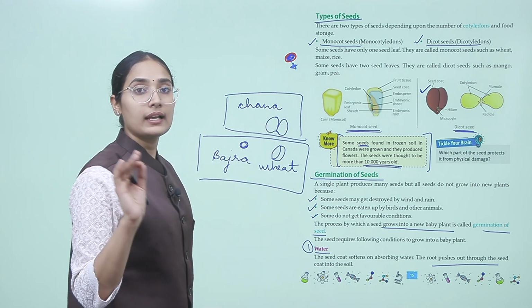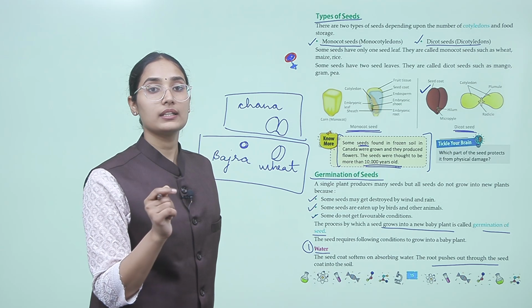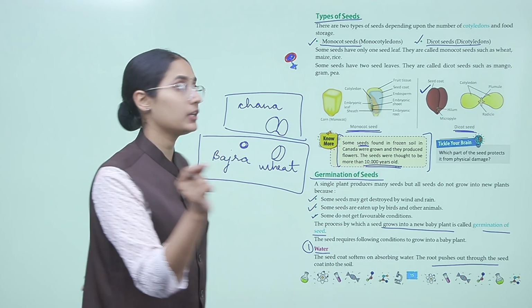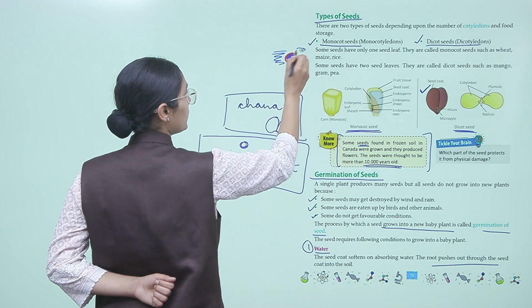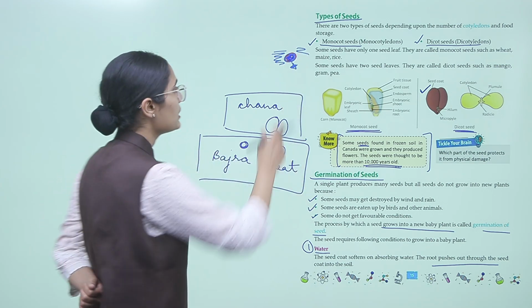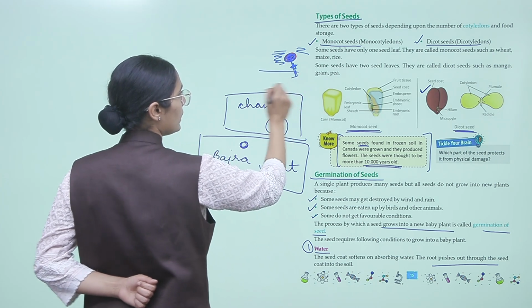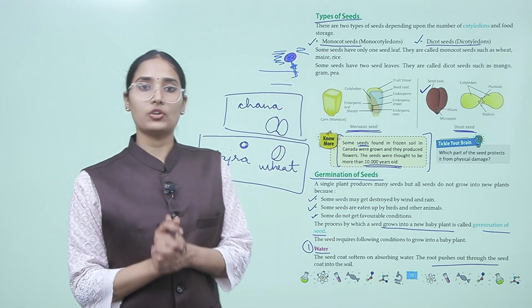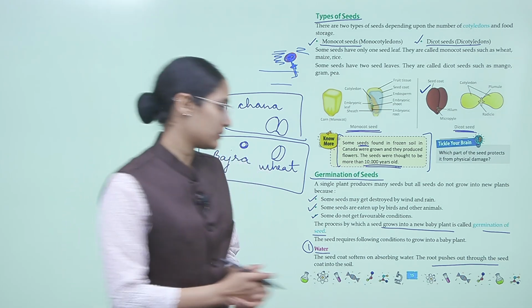That's where the purpose of water comes into play. As soon as the water is absorbed by the seed coat, the seed coat gets softened and breaks, and the seed comes out of it into the soil and gets the right environment for itself. Now let's go to the next page.